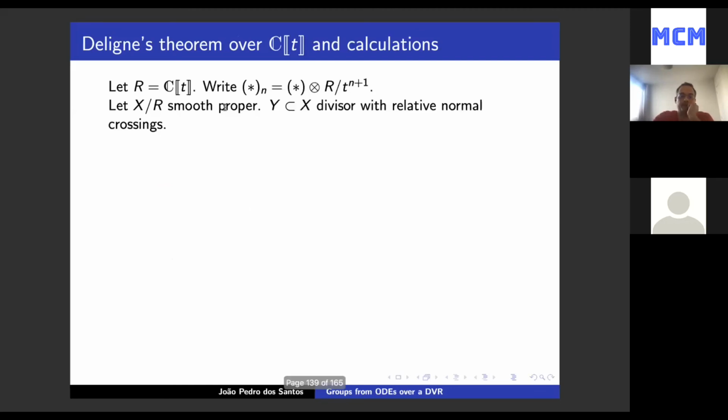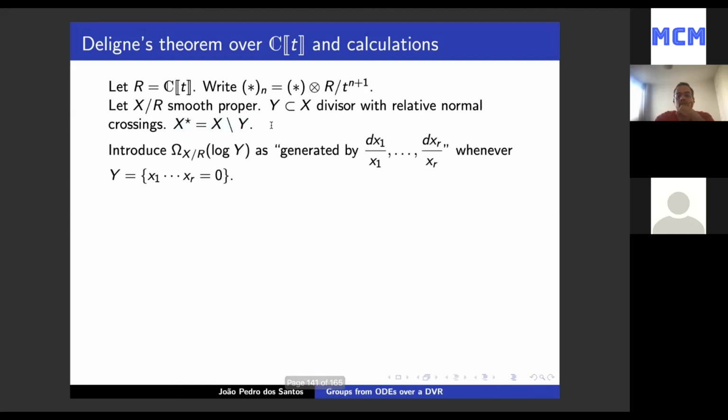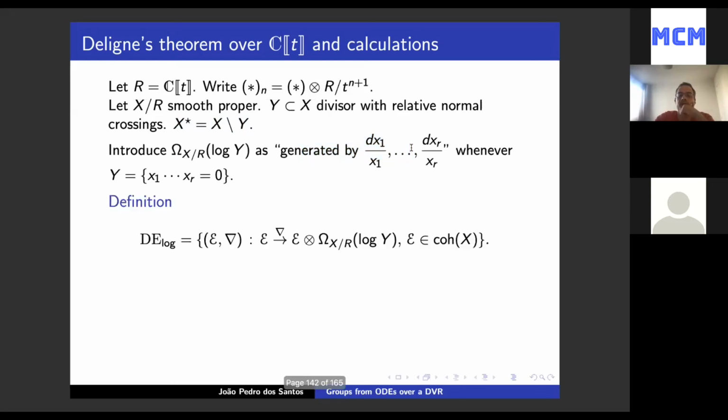I take a divisor with relative normal crossings, so think of P^1 minus points if you wish, and call the punctured version X star. Again, you consider the logarithmic differential forms, just as before, so you throw in the poles, and you define regular singularities just as before.